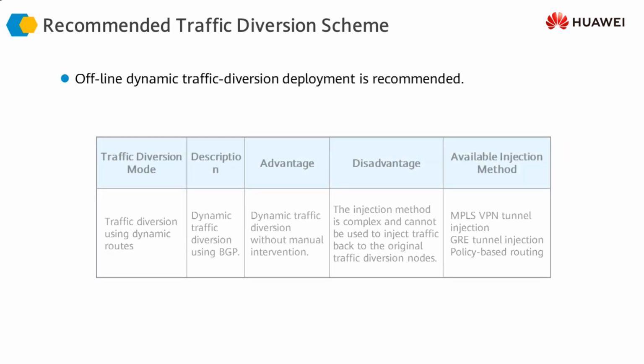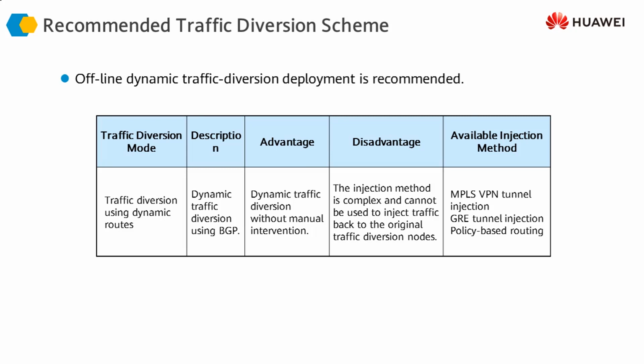As you can see, the preferred traffic diversion mechanism is using the BGP dynamic routes. The disadvantage is that it's slightly complex to configure BGP and configure diversion using BGP. However, this is the most reliable way.